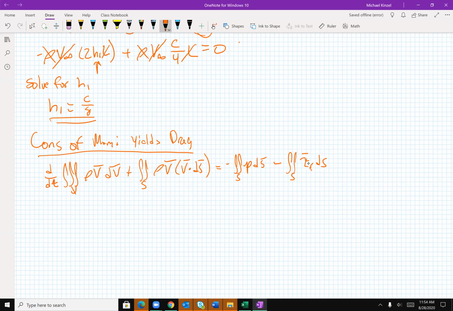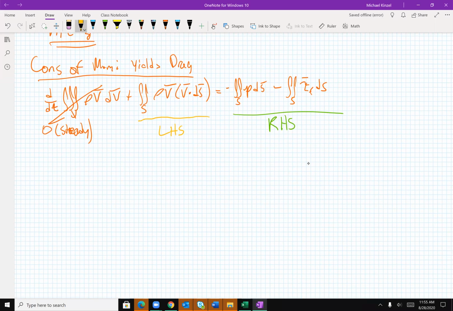Okay, so this one, similar to before, is going to be 0 because it's steady. This one we have to evaluate on each surface. Let's evaluate this in 2 different parts. We're going to first look at the left-hand side of the equation and then move to the right-hand side. Let's start with the left-hand side, and we're going to break this integral up into 4 different integrals again.